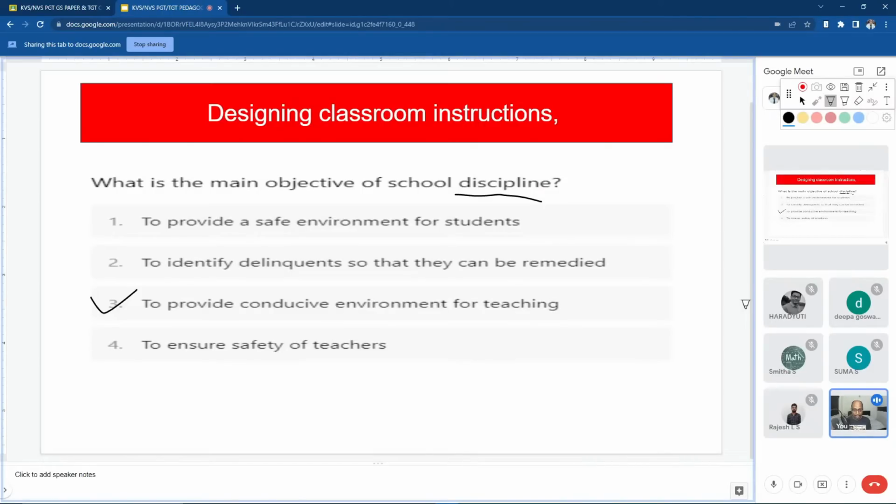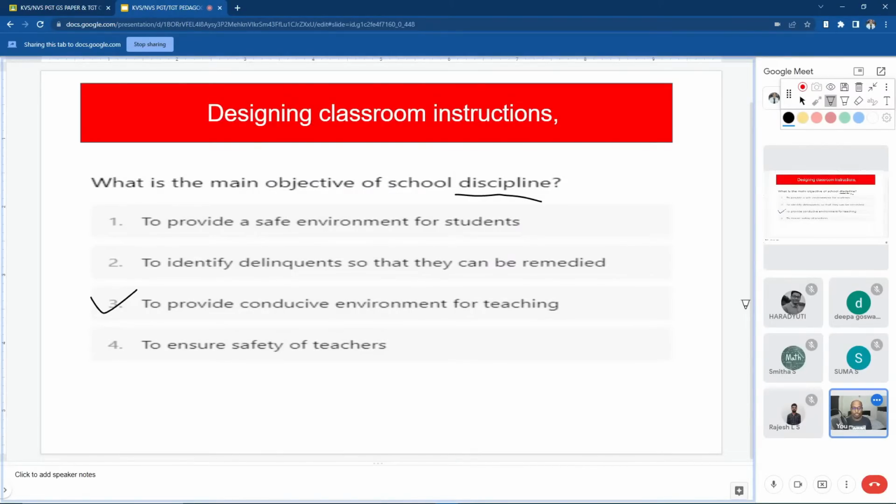When you can make the students sit in the classroom silently, automatically you can teach them in a better manner. If you can't make the students sit silently, then not only are you wasting your valuable time, you are not even creating a conducive atmosphere for other students who are interested to study. So the main objective of school discipline is to provide a conducive environment for teaching.